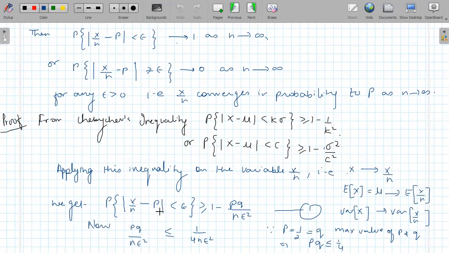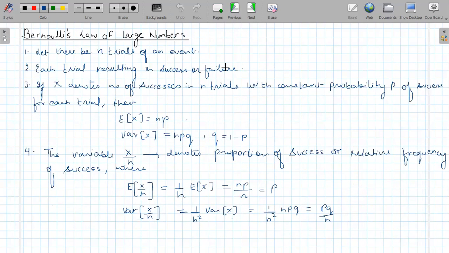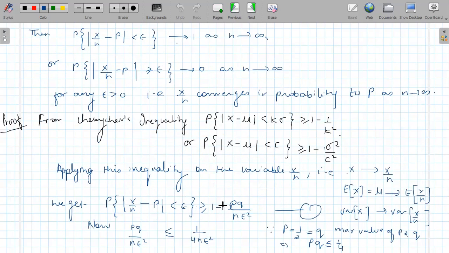So here p is less than epsilon; in place of c we have taken epsilon because we have to prove this in terms of epsilon, so without any loss of generality we can replace this c by epsilon. Greater than 1 minus variance of x upon n, which is pq by n, pq by n into epsilon square.